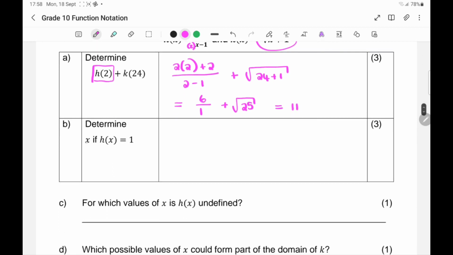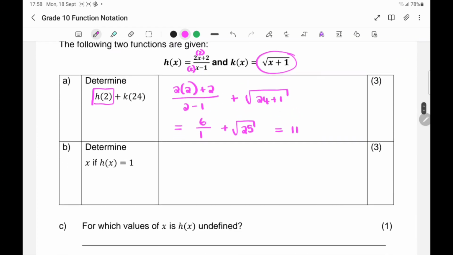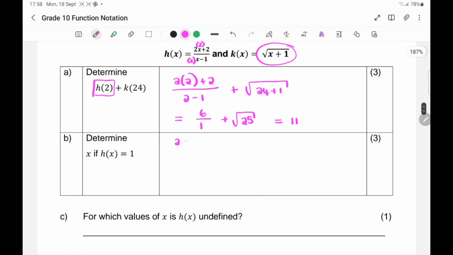Okay, now they say to determine x if h of x is 1. So h of x must stay h of x. All they are saying is equal it now to 1. Okay, so whenever you've got a fraction, you multiply the numerator on both sides by the denominator.